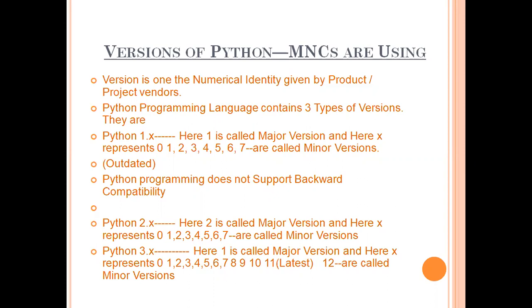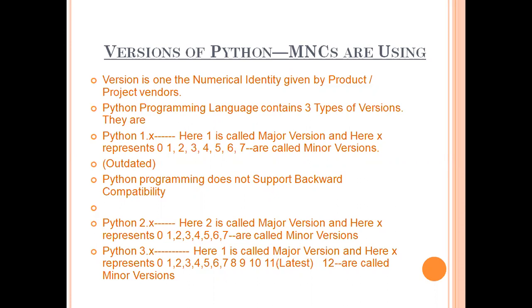Please remember that the Python programming language does not support backward compatibility. The first version is Python 1.x. The second version is Python 2.x, in which 2 is the major version and x represents the minor versions, as I have explained in the first version, 1.x.